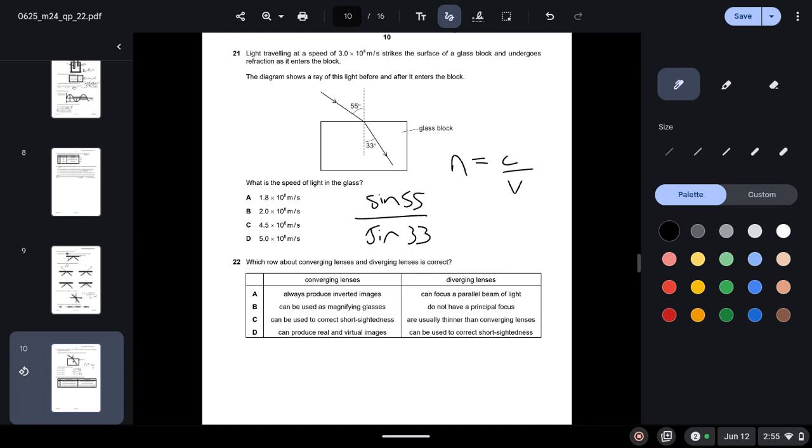Sin 55 over sin 33. This gives you 1.5. So N is 1.5. Speed of light is 3 into 10 to the power 8. V we have to calculate. So just solve this equation and you will get V as B.